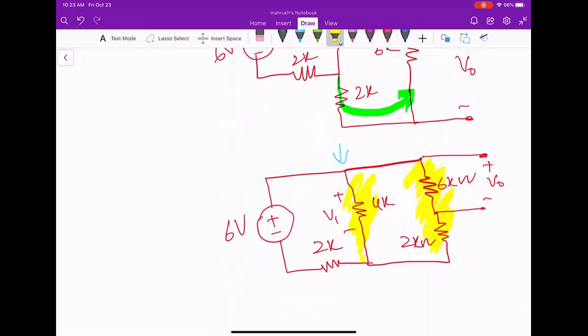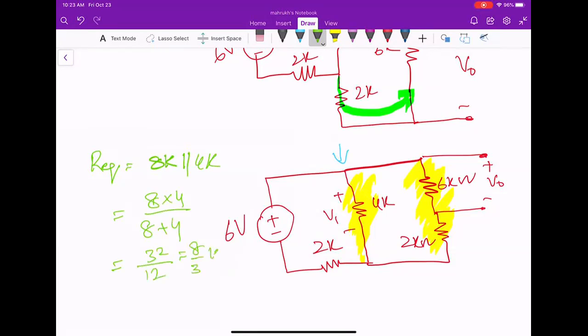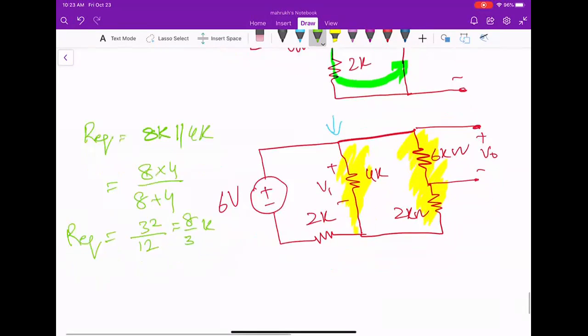So the equivalent resistance here is 8K in parallel with 4K, which is 8 into 4 over 8 plus 4, 32 divided by 12, making it 8 by 3K equivalent.